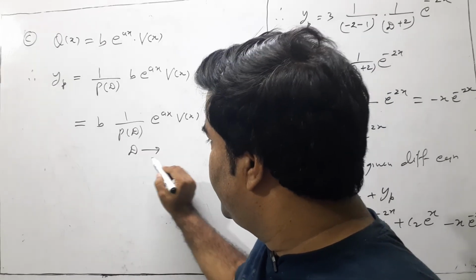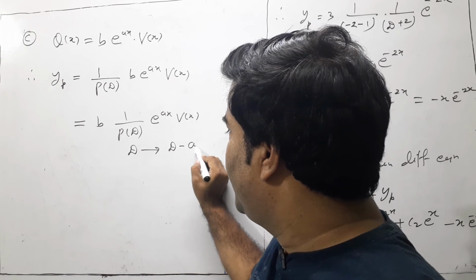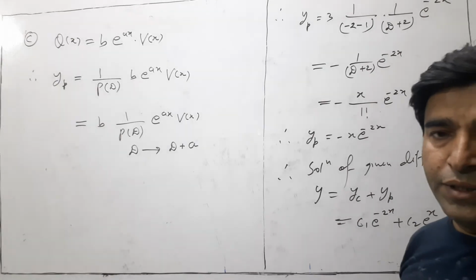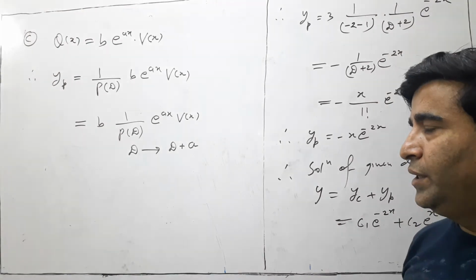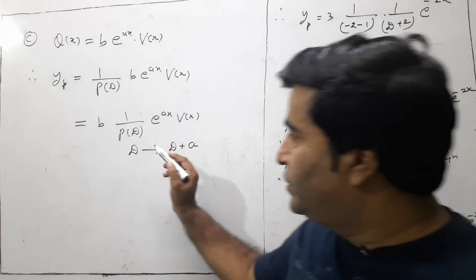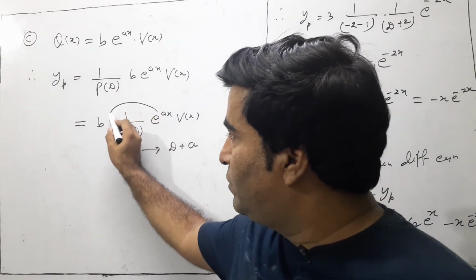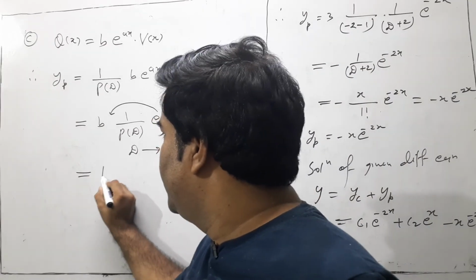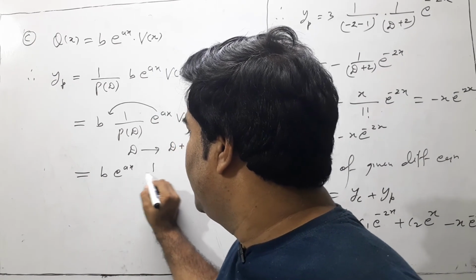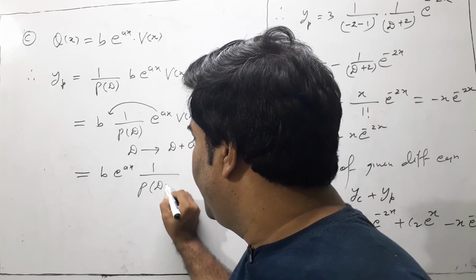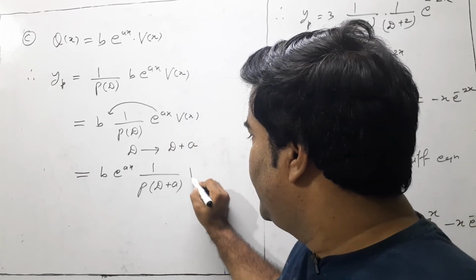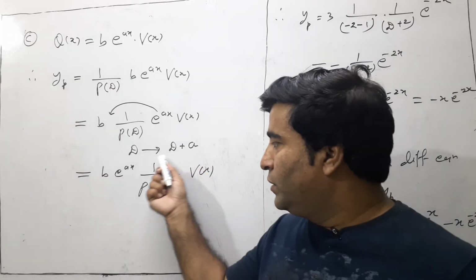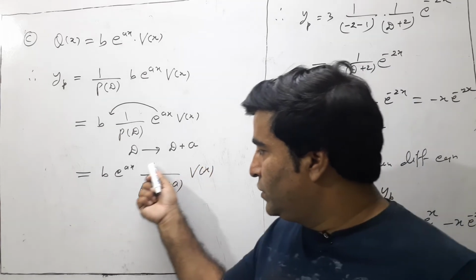We replace D by D plus a, and take the exponential function e^(ax) outside: e^(ax) times 1 upon f(D plus a), and we solve this factor.